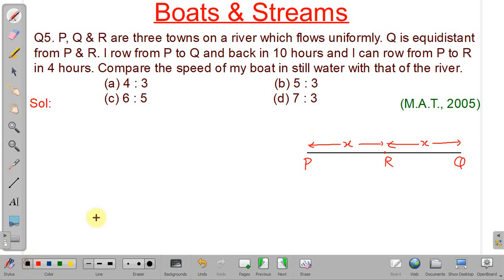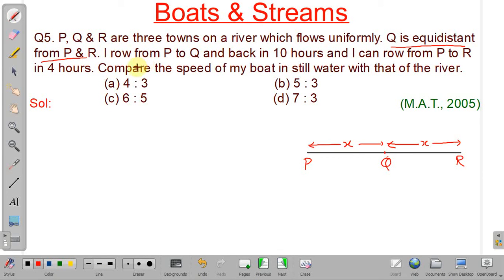Okay. Now it is given I row from P to Q and come back, means from P, sorry, this will be Q because Q is the middle. This will be Q, and Q is equidistant from P and R. Okay, and this will be your R. So Q must be in the middle one.